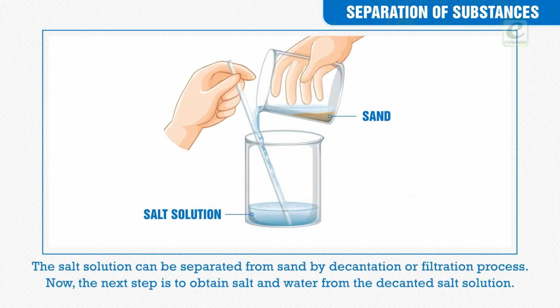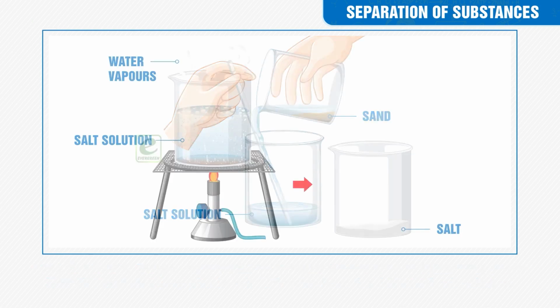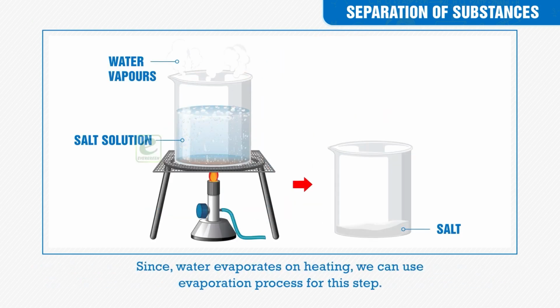The salt solution can be separated from sand by decantation or filtration. Now the next step is to obtain salt and water from the decanted salt solution. Since water evaporates on heating, we can use the evaporation process for this step.